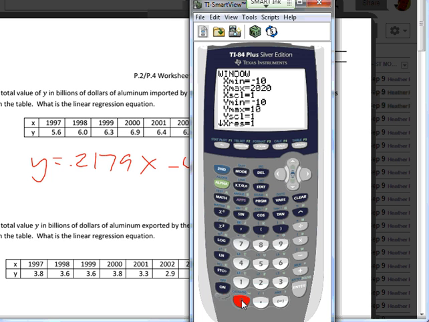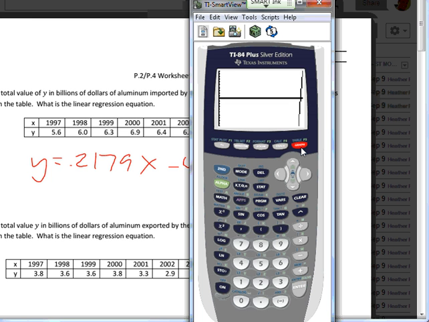Now the Y's. What's the biggest aluminum amount we ever had? Okay, hold on. The biggest aluminum amount we ever had was like 6 point something. So let's go up to like Y max of, let's say, well, 10's probably fine. Let's leave it as 10. Now if I hit graph, you see the line, finally?